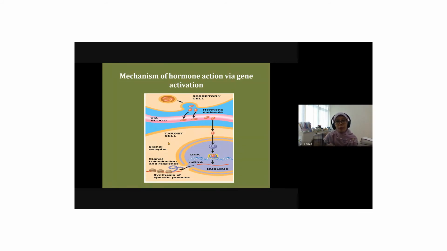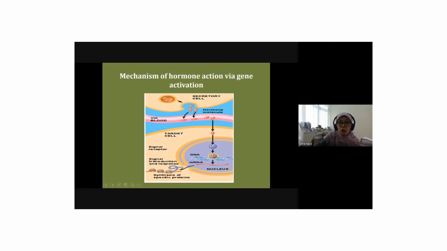That hormone receptor complex then moves into the cell and will trigger the transcription and translation process. If it doesn't bind to receptors in the cytoplasm, the hormones can go straight to the nucleus. It can go to the nucleus too because inside the nucleus there is a receptor. You see the receptor here, it binds to the receptors and forms the hormone receptor complex.